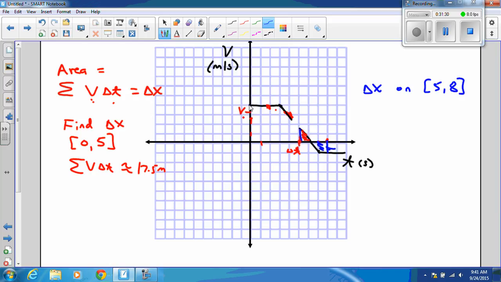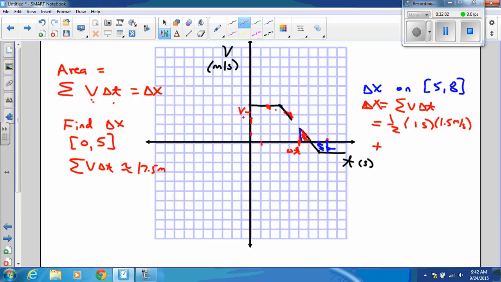So I'm going to break this up into two pieces. This piece right here is a triangle. First, the notation I'm going to write is delta x equals the sum of v delta t. That's how you write what you're doing. Now we'll compute it as the area of the little triangle, which is one half base times height. It looks like it has a base of about 1 second and a height of about 1.5 meters per second.